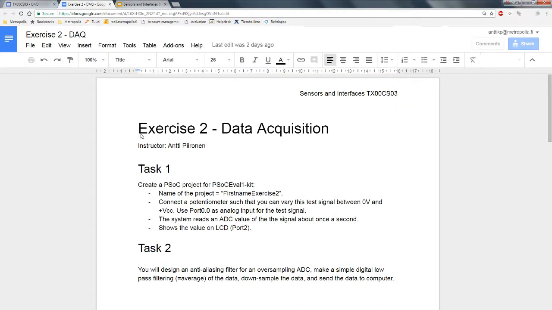We'll take a look at what PSOC actually has, what kind of A to D converters there are, also how to do analog routing of the signals, and third, the sampling, meaning timer interrupts. Let's have, say, a 15 minute break so I can have a cup of coffee.